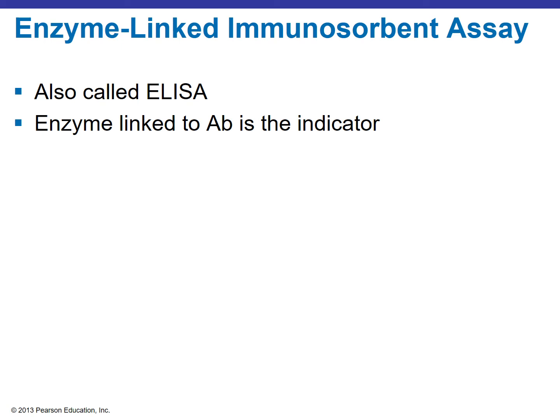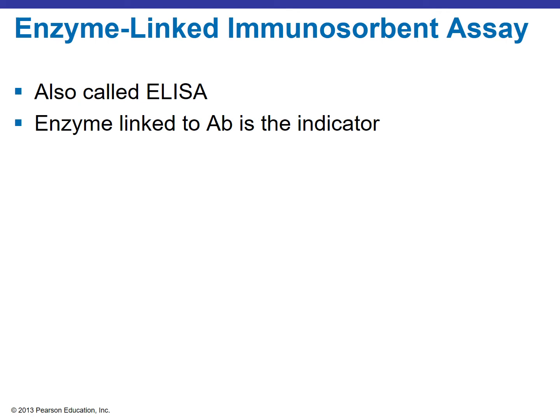In this test, an enzyme is linked to an antibody, and if the antibody which has the enzyme is present and you add a substrate which is colorless, the enzyme will turn that colorless substrate into a colored product, and then you know that the antibody is binding to the antigen, and you know that you have a positive test.